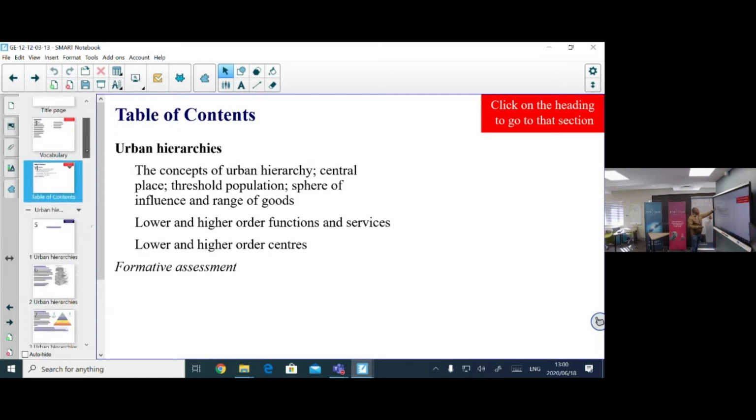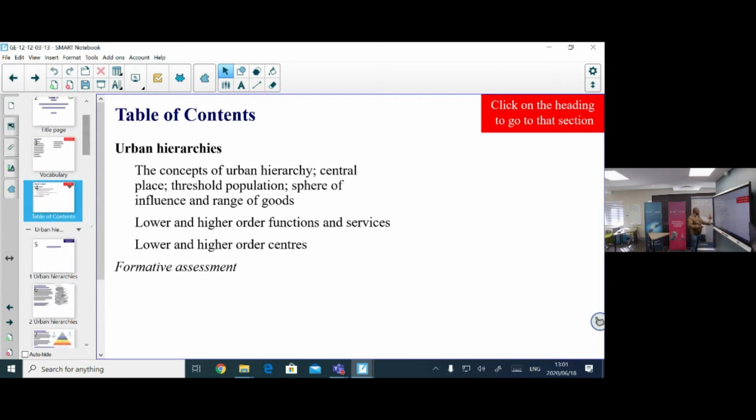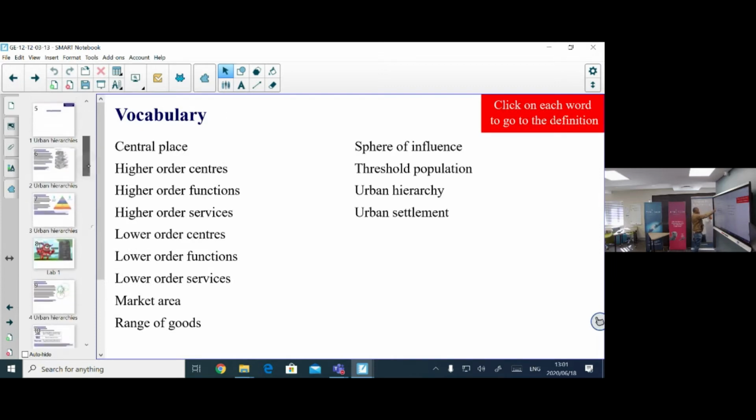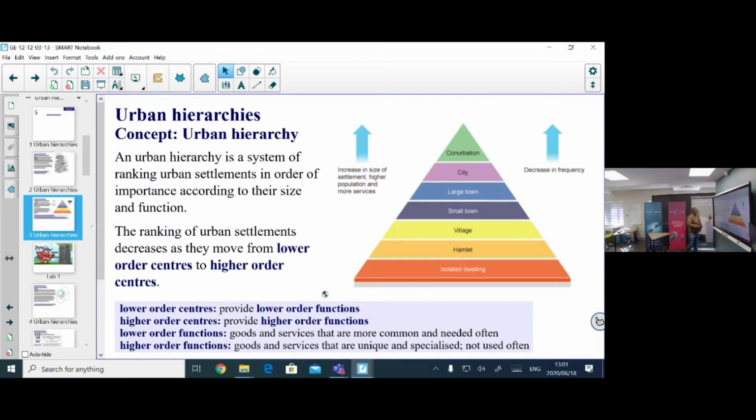Yesterday we ended on looking at the hierarchy, where you are looking at isolated dwelling, hamlet, village, small town, large town, city, and then the conurbation. And we did an activity.